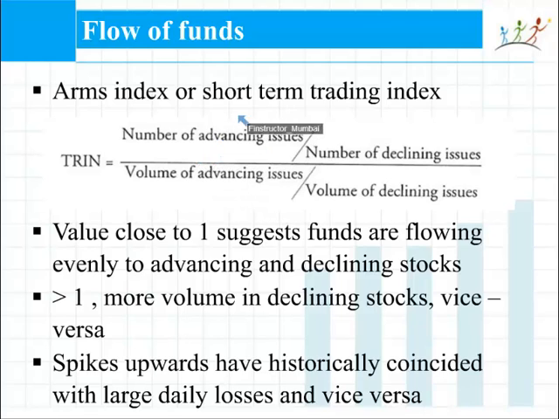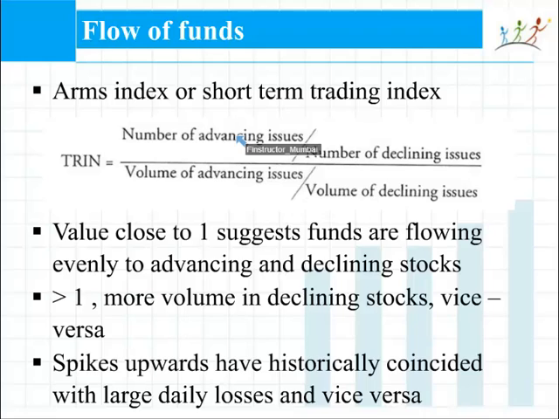So just remember this ratio, the short-term trading index or the ARMS index: the number of stocks that go up upon the number of stocks that go down, divided by the volume of stocks that go up upon the volume of stocks that go down. Volume means the number of shares.